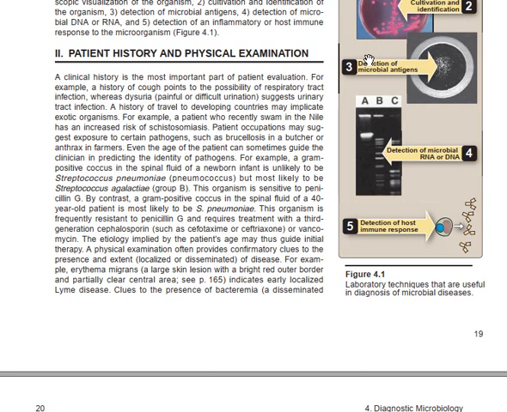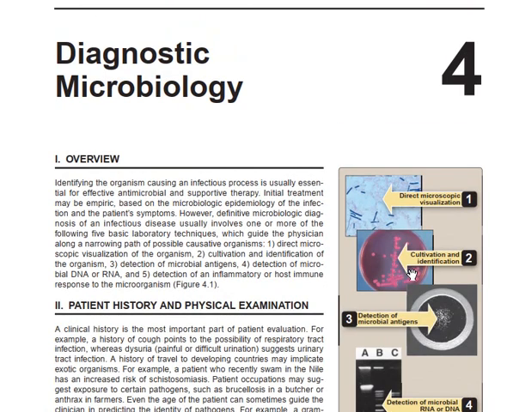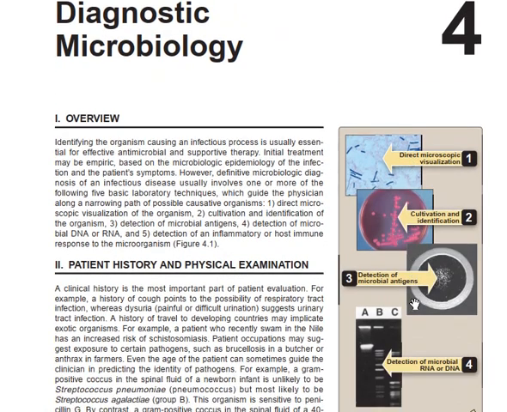Treponema pallidum is actually an example of this case here. Here is PCR, and here you can also have detection of the host immune response, like when you want to detect antibodies. An example, you want to detect antibodies against rubella, immunoglobulins against rubella, you can use this host immune response antibody detection. So all these are the detection of microorganisms.